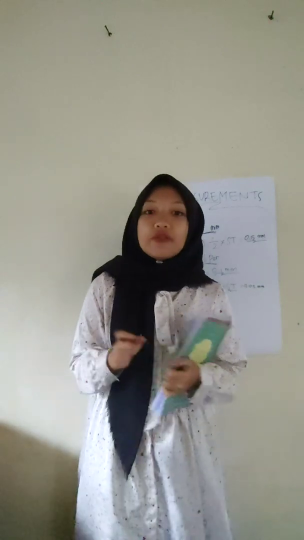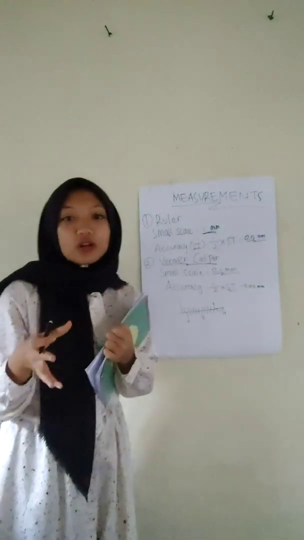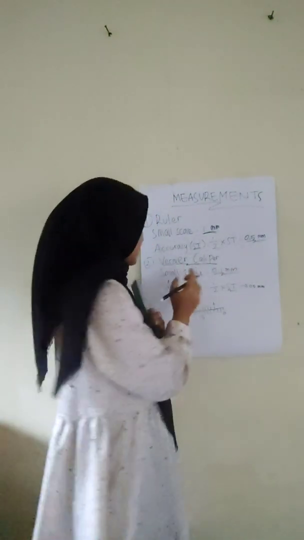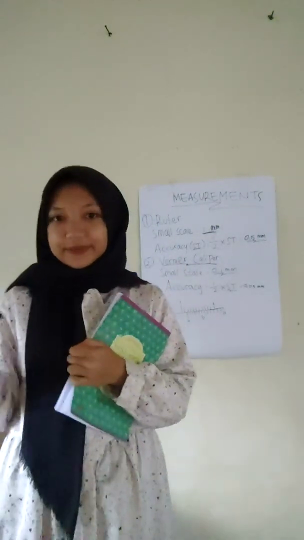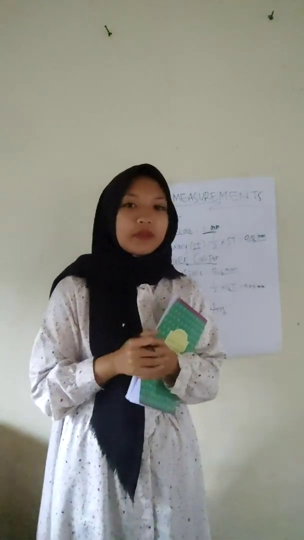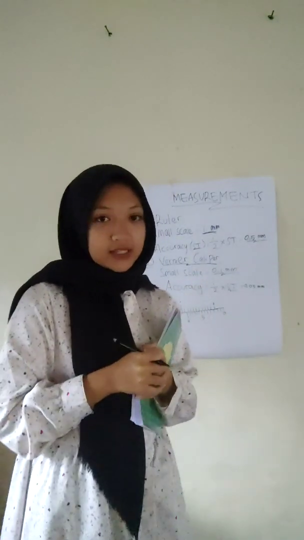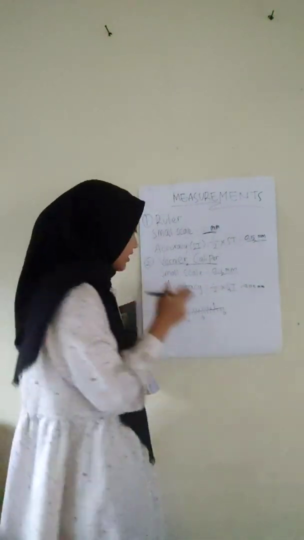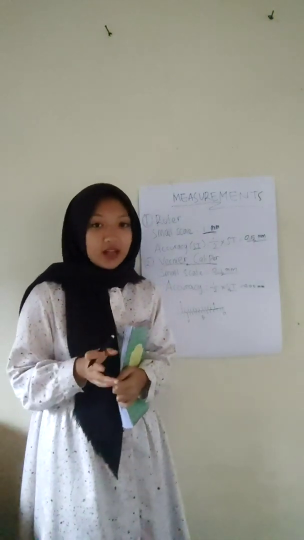Okay, so far for the ruler and caliper, it's almost the same for the smallest scale, and the accuracy only has an additional 0. Okay, for the vernier caliper, I will teach. If you look at the caliper, it has two scales.